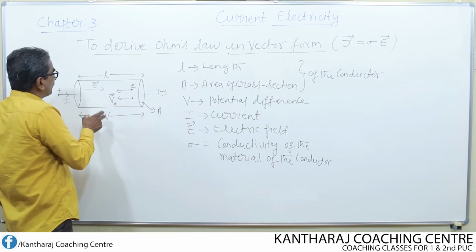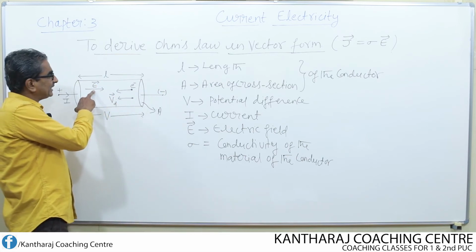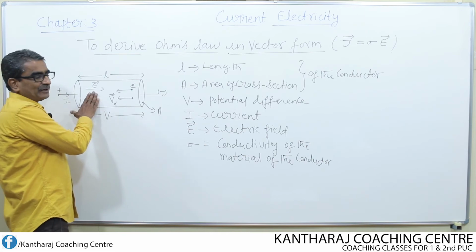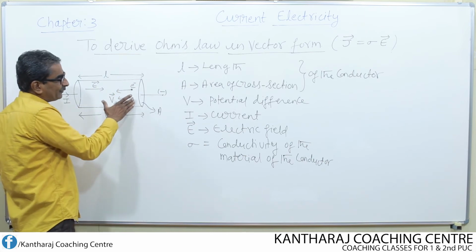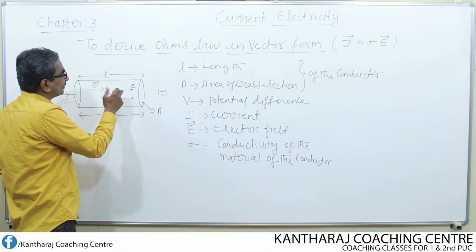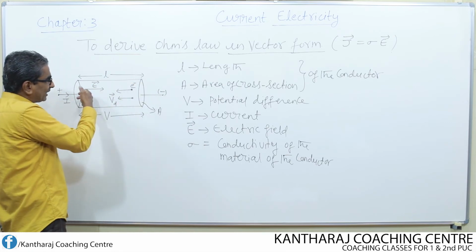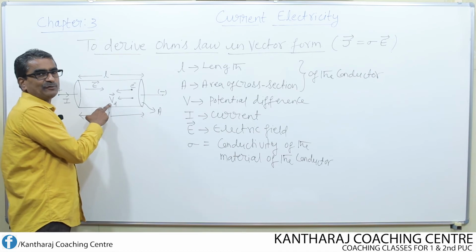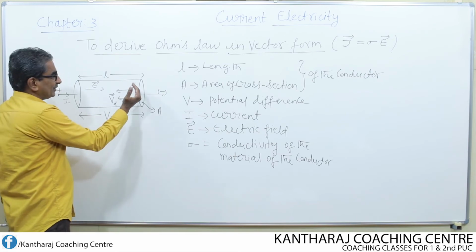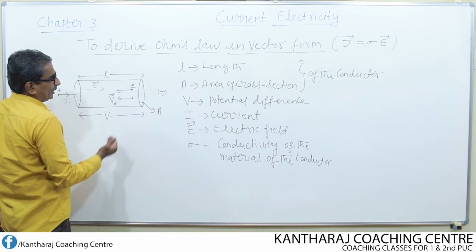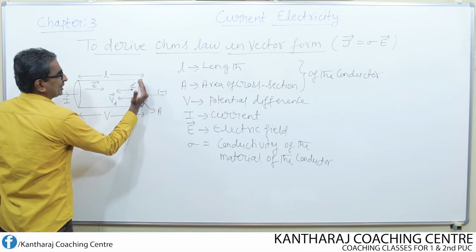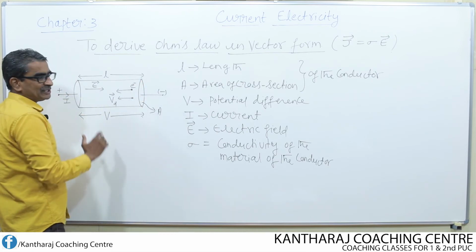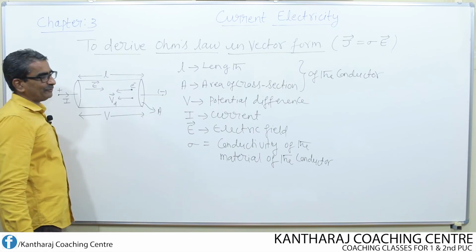Due to the flow of current, an electric field is set up inside the conductor, and as a result of the electric field, force acts on the free electrons, and due to the force the electrons begin to accelerate opposite to the electric field with a velocity known as drift velocity Vd. So the electron moves from the lower potential end to the higher potential end, against the electric field.